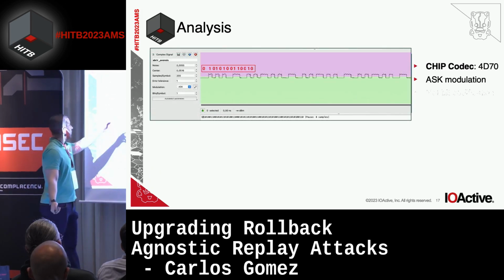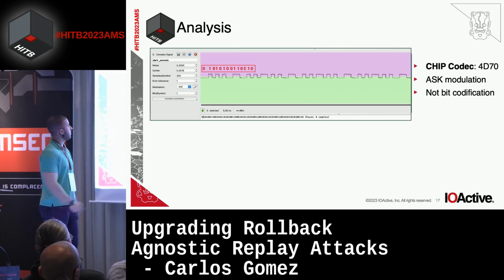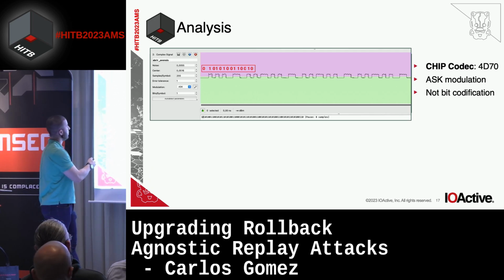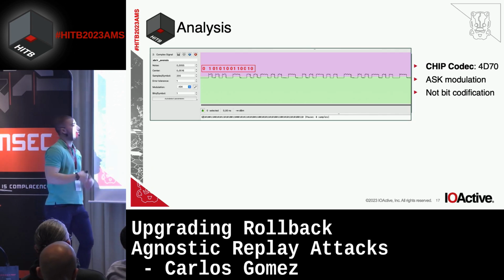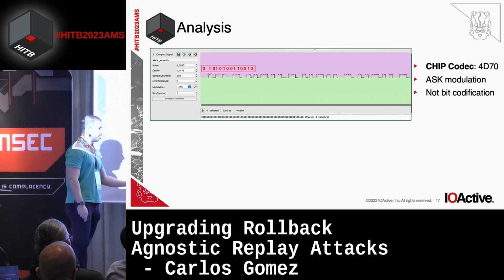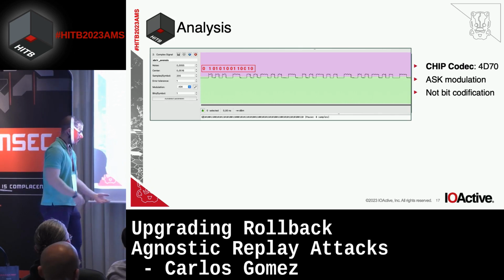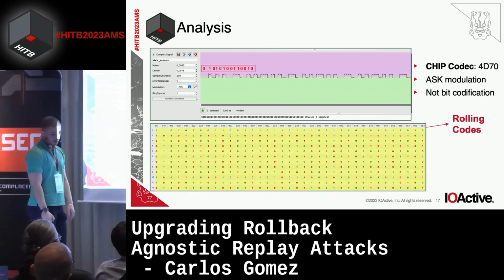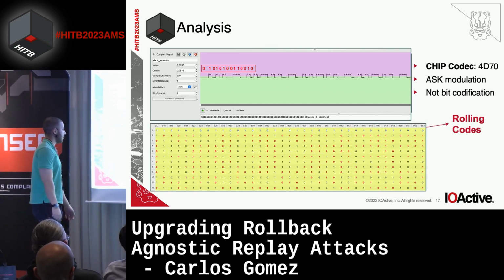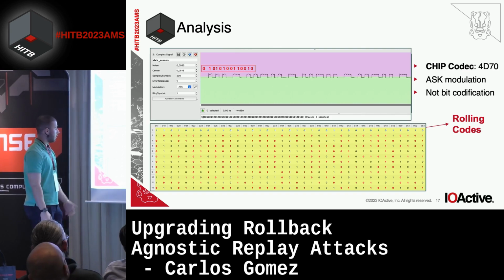And at the end, we have a bit encoding because at the low level it represents a 0, and when it goes up, it's a 1. So it's going to be easier to identify which kind of encoding, like Manchester encoding, frequency hopping, this kind of stuff. And I put here an image of how the rolling code works in the air.